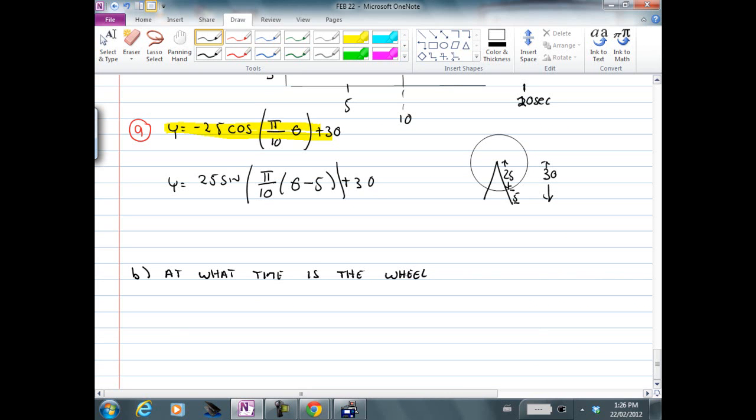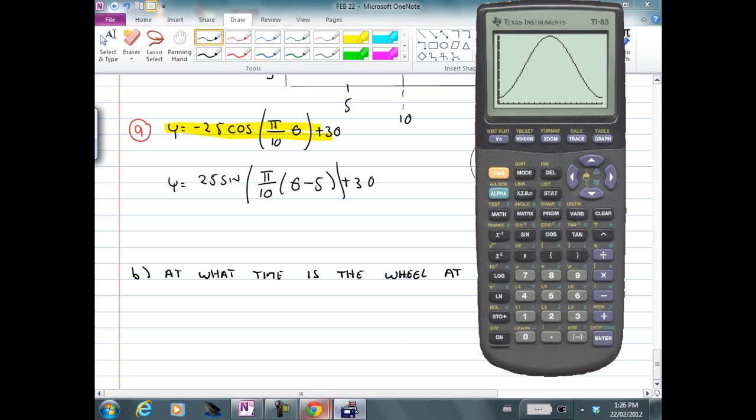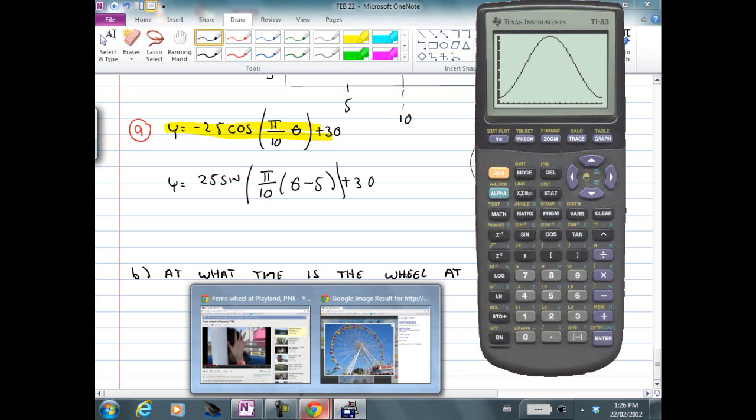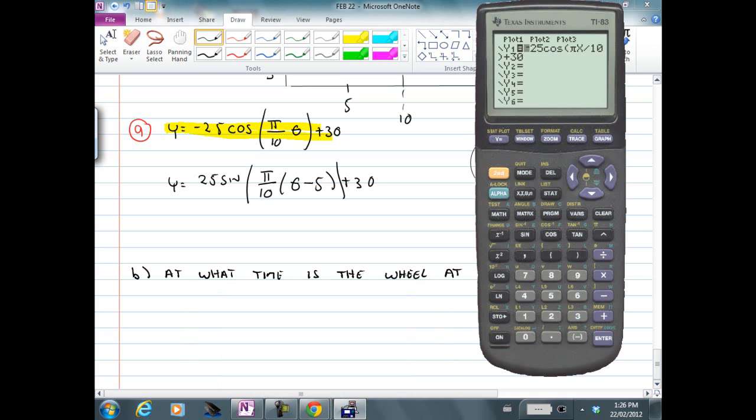See, instead of plugging it in, once you have your graph, this makes your life a lot easier. So under Y2, put in 46. Because I want to know exactly when it hits. And hit graph. See, there's a little bar. That bar tells you where the 46 meter is.